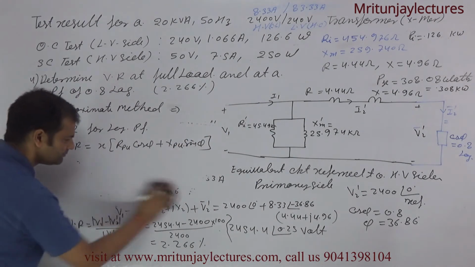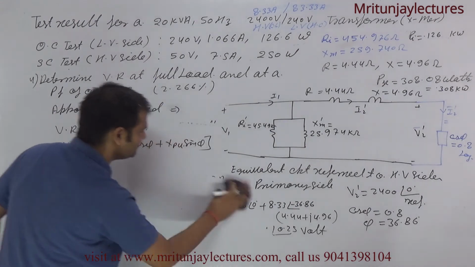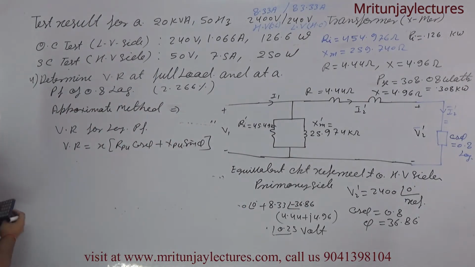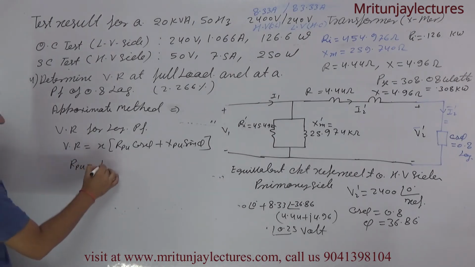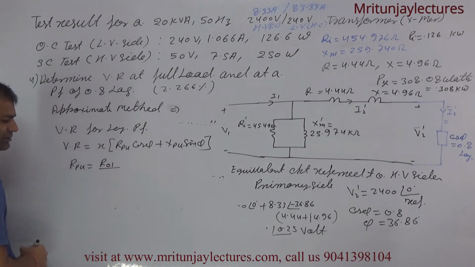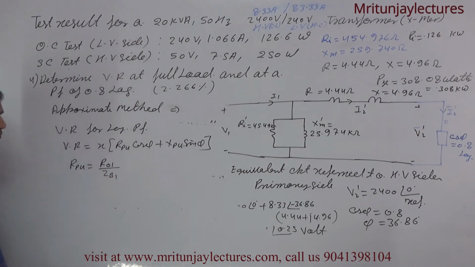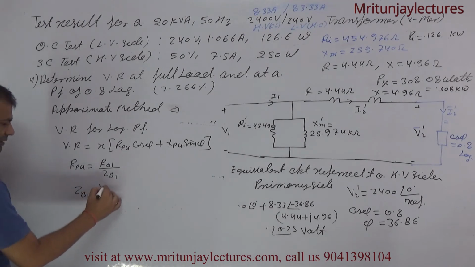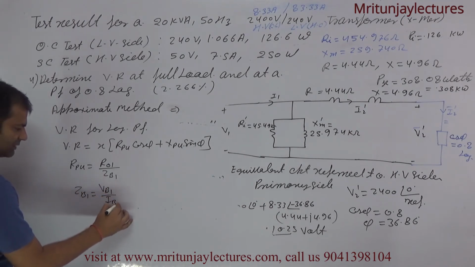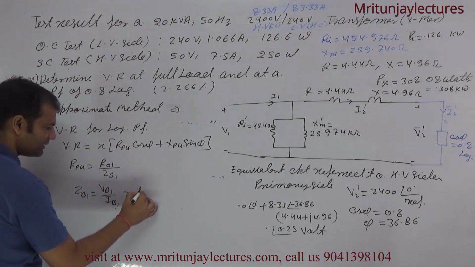What about RPU? RPU is R01 divided by ZB1, the base impedance. And ZB1 is VB1 divided by IB1, that is rated voltage and rated current.